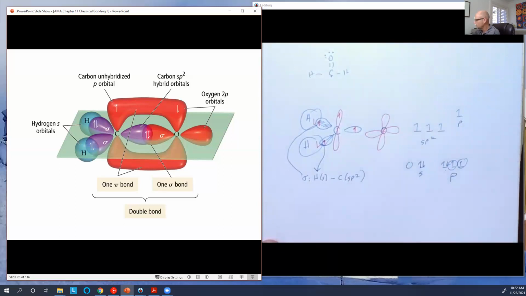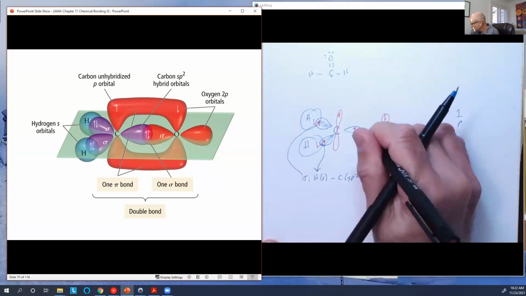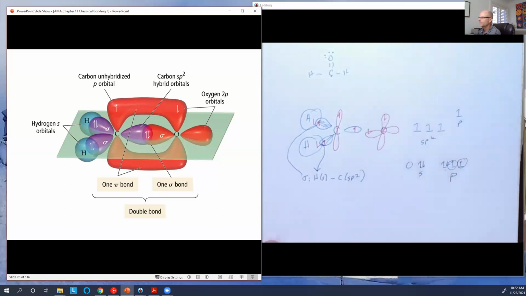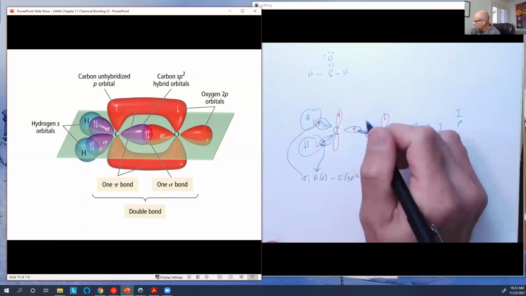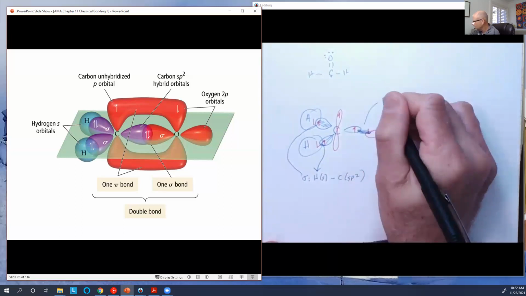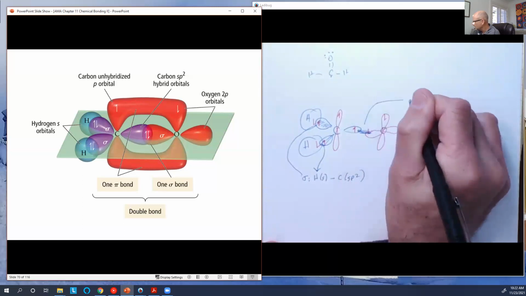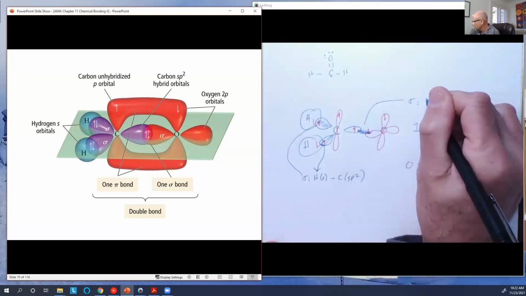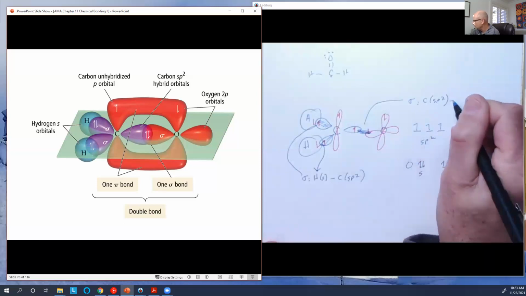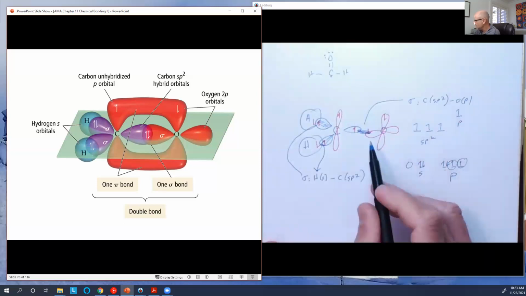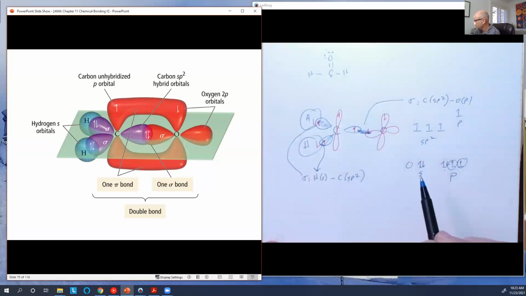I'm not going to draw those. So this has an electron and this has an electron, right? So now you can have overlap here. That's going to be another sigma bond, which we're going to label as sigma carbon sp2 overlapping with oxygen p, because it's now a p orbital on the oxygen that's doing the overlapping.